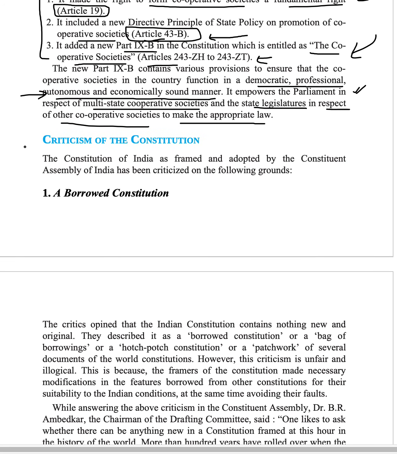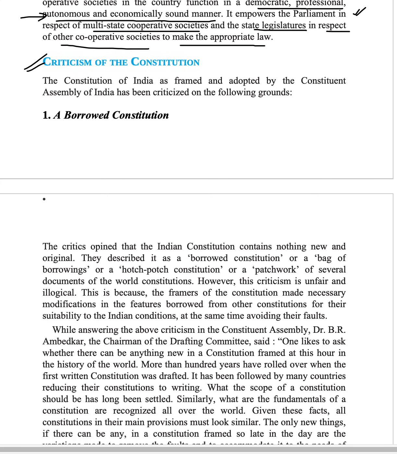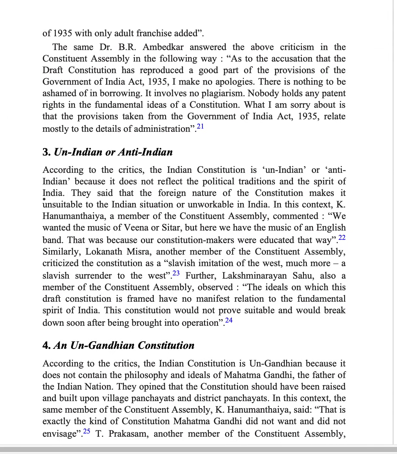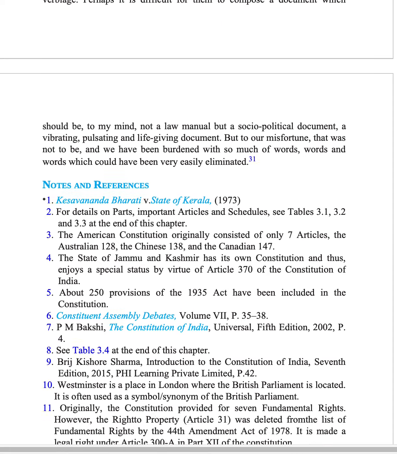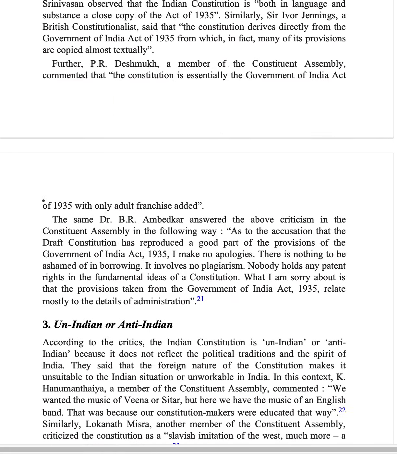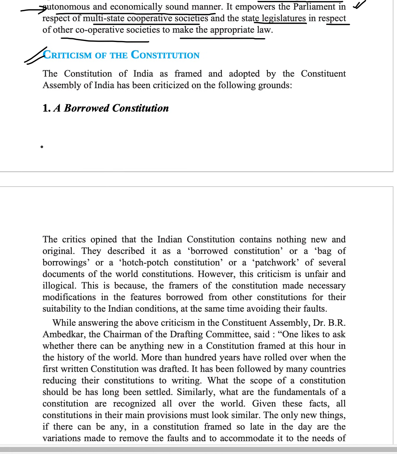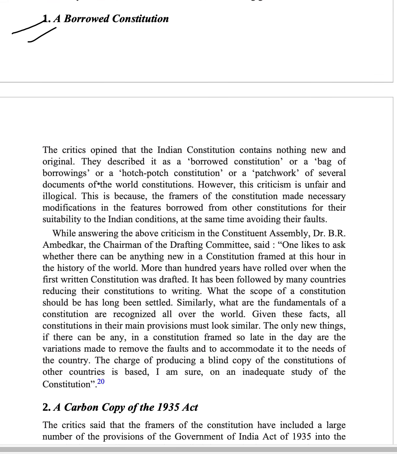So many criticisms are made of the Constitution. I will just tell you the gist of all these. The first is that it is a borrowed constitution. It has been taken from so many different sources, but it is not a good criticism, because as B.R. Ambedkar said, we have not just borrowed, we have amended it to suit our own conditions.